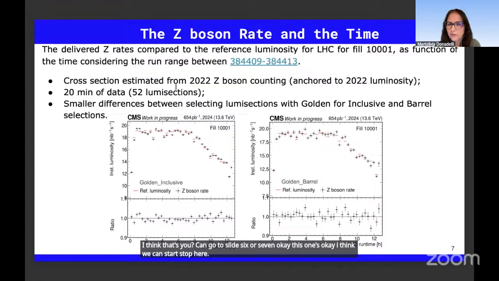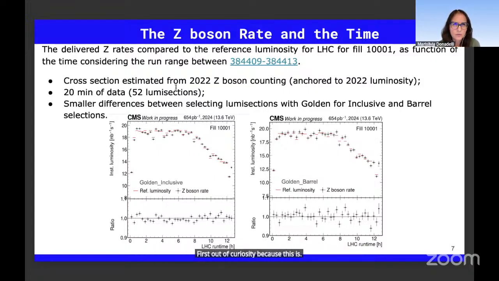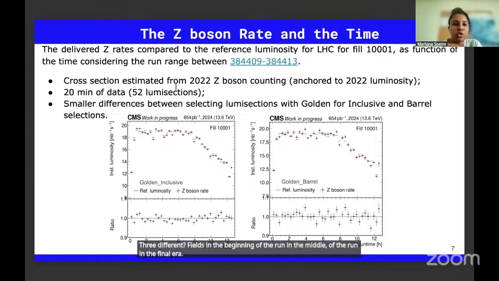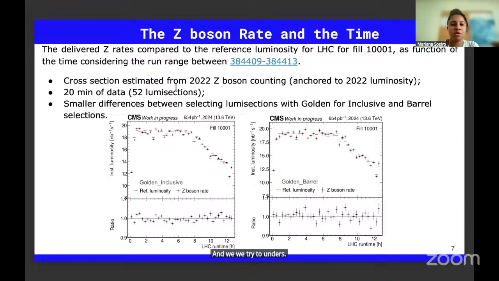First, out of curiosity, because we know this is always related to reference runs and reference fields for the LHC, do you know the reason for this particular field that was chosen? I chose this one, but in general, I present three different fields: in the beginning of the run, in the middle of the run, and at the end of the run. We try to understand if we have similar shapes and if the reference agrees well with these three.